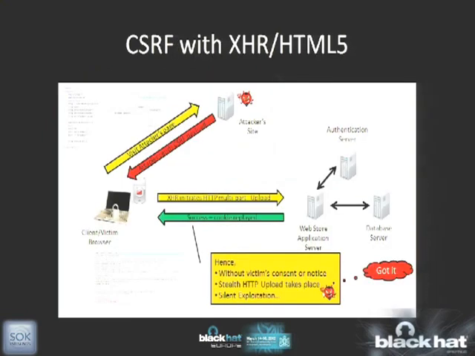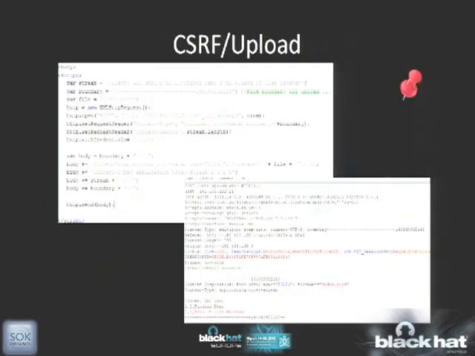Now you visit the attacker's page, and it sends you the XHR request, and that XHR will post a file which is created on the fly to your upload functionality. So without your consent or notice, you have uploaded a file. You have placed an order on the server. So this is like HTTP upload via CSRF. That's something which you can actually do.